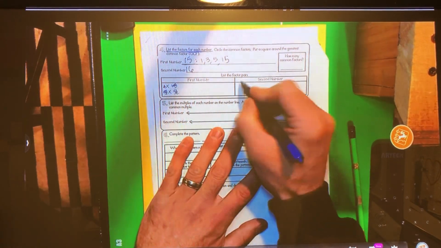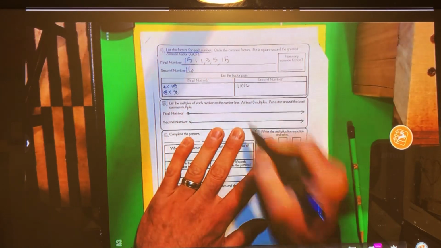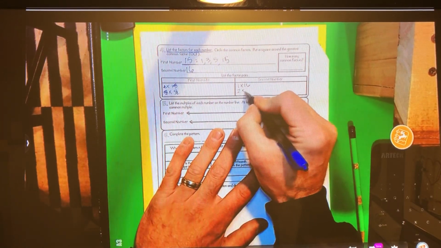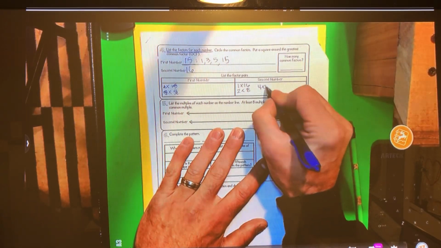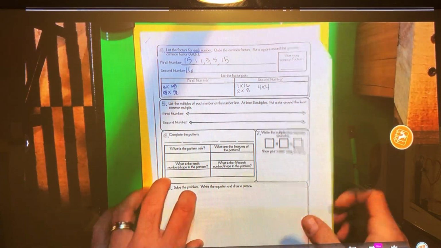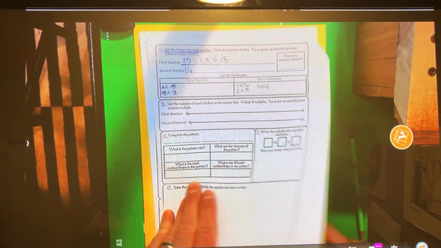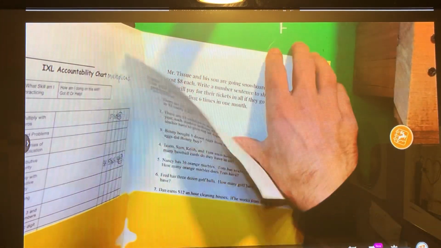Now for 16, the first factor pair, 1 times 16, we have 2 times 8, and we have 4 times 4. All right. I do want to remind you, as these factor pairs are coming to my mind swiftly, kids, you may not be in the same boat, and hey, that's okay. We're striving to get there.